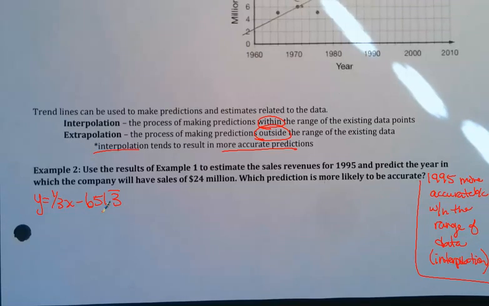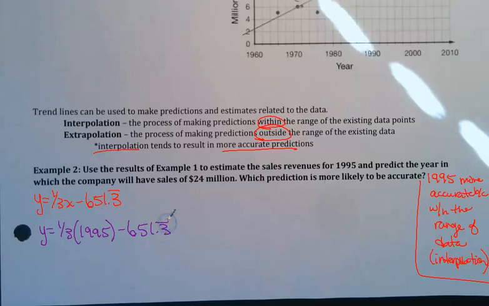It's an X. So we need to put 1995 into our equation for X. Yes, that's it. We're picking the point and we substitute it into our equation. So Y is going to equal 1/3 times 1995 minus 651.3 repeating. And you can find out what Y is, which is their millions of dollars of revenue.